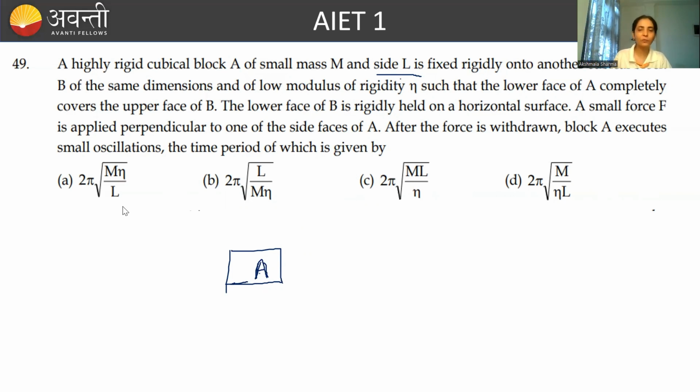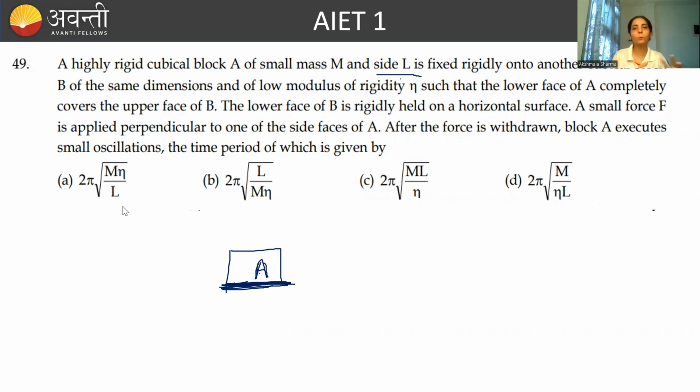So A is fixed on B. Since both have the same dimension, they will overlap each other, such that the lower face of A completely covers the upper face of B. So one is put on top of another such that one is containing another.